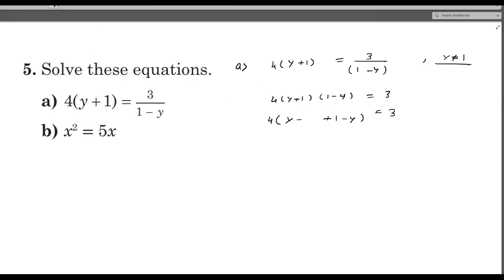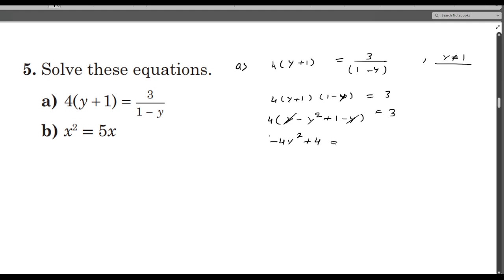Yes, it is 1 minus y, not 4. So y multiplied by 1 is y, and y multiplied by minus y is minus y square. Okay, so this gives me 4 times. Now this y and minus y will cancel, so therefore it is minus 4y square plus 4 equals 3.